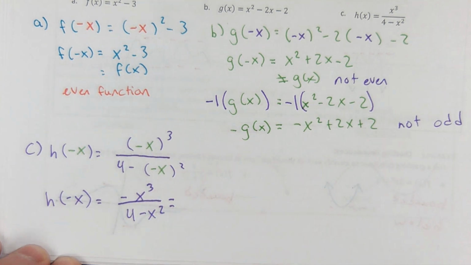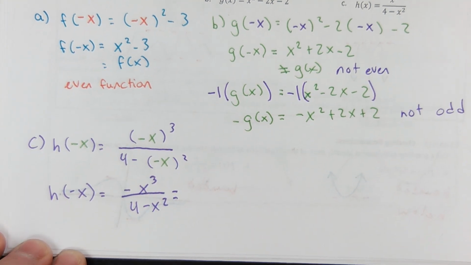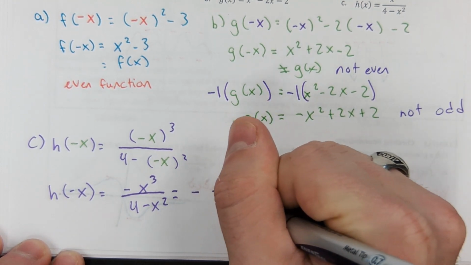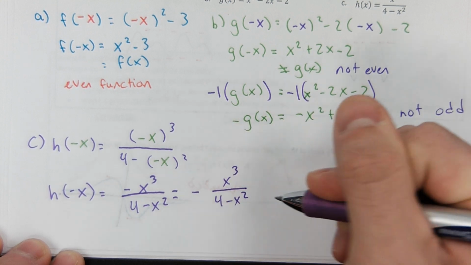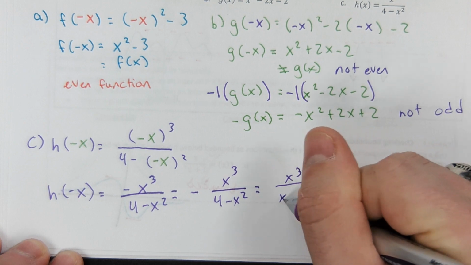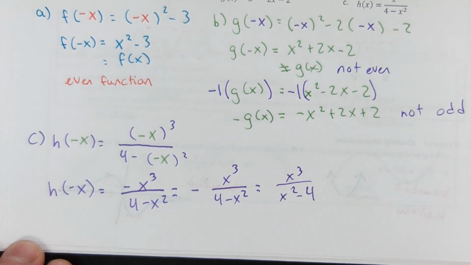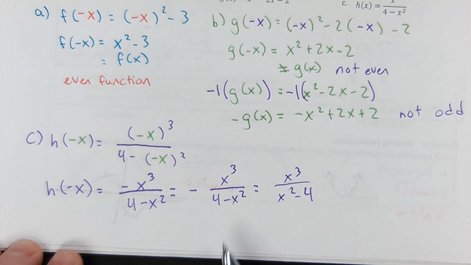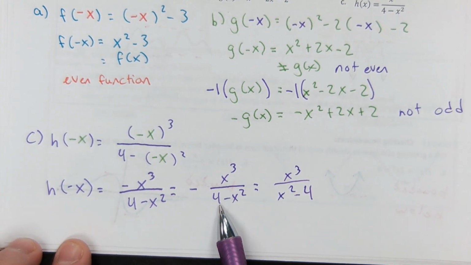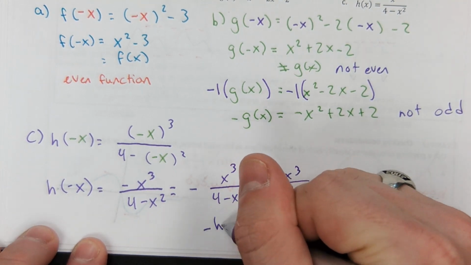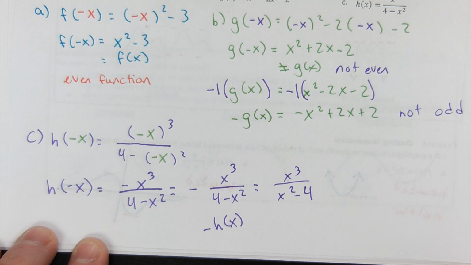Because for fractions, the negative sign is either on the top, on the bottom, or on the front. All three of those fractions are the same fraction. But this is the one that shows us very clearly that this is negative h of x. So we have odd symmetry here.